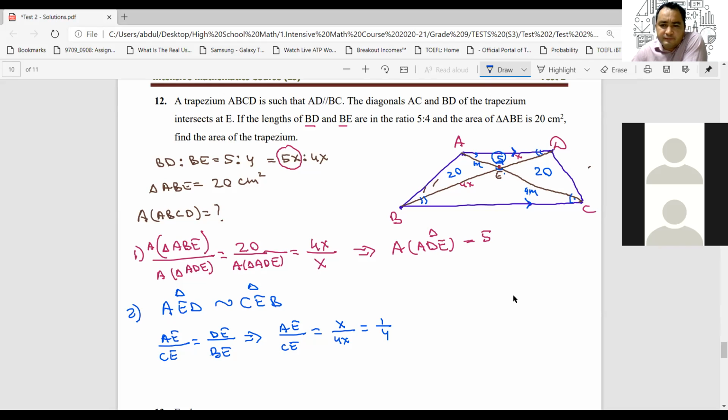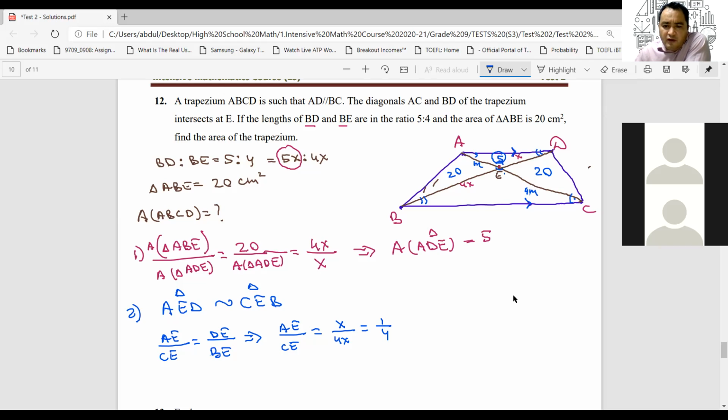Okay, why that one? Did you understand? Did you write DEC? Why not BEC? No. Look at this triangle here. I'm talking about DEC and ADE.